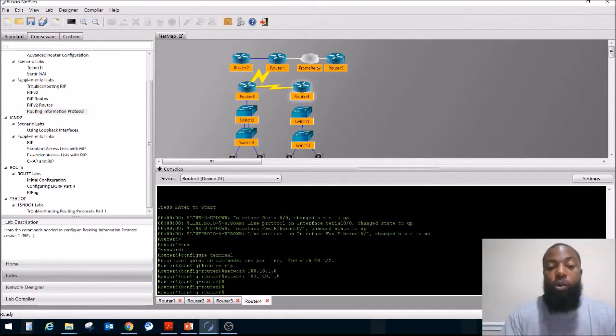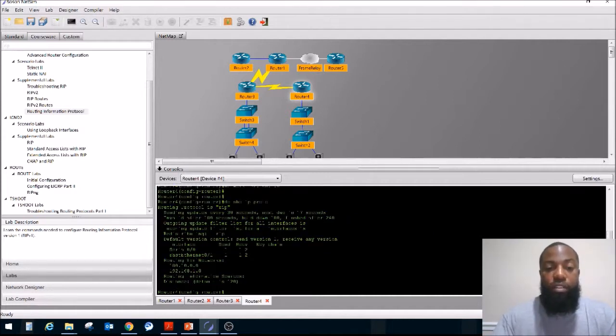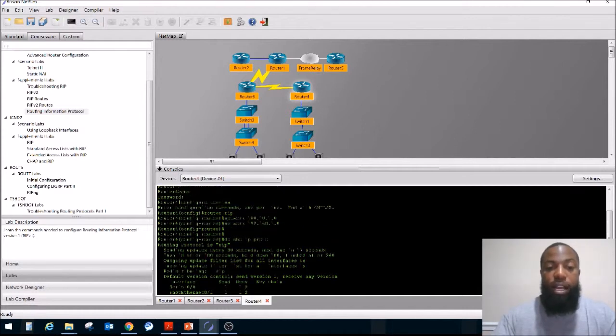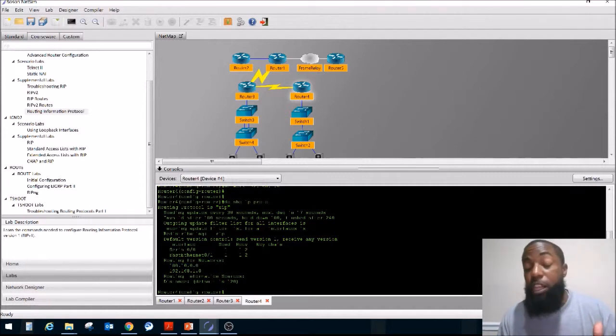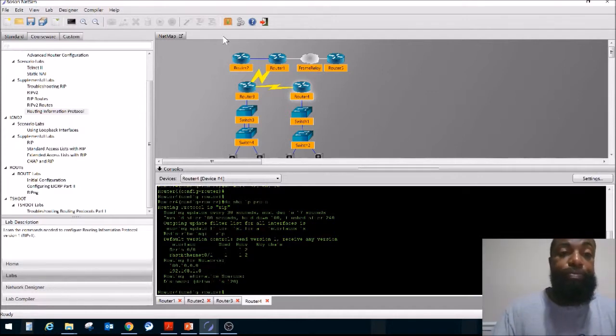Let's do a show IP protocols to see what happened. It's saying RIP is routing for that network, and the other one was summarized. Notice I put in 180.10.1.0, but then it summarized it and said, hey, this is the 180.10.0.0 network, right? This is a limitation with RIP version 1. That's what I believe is happening here.